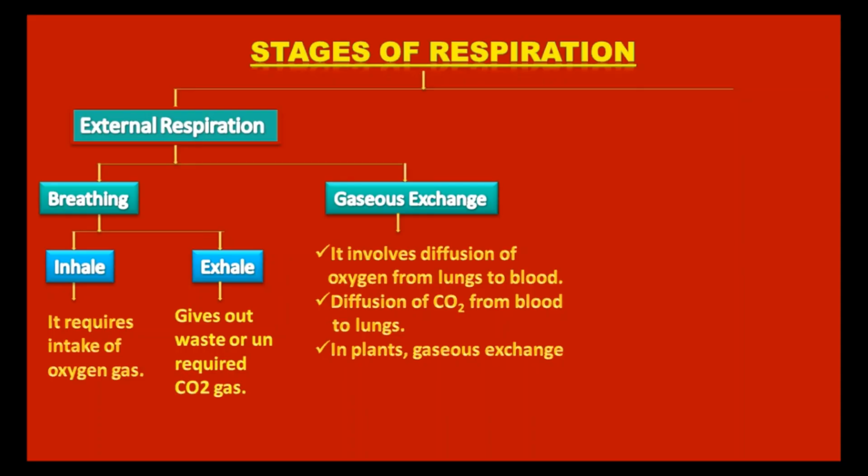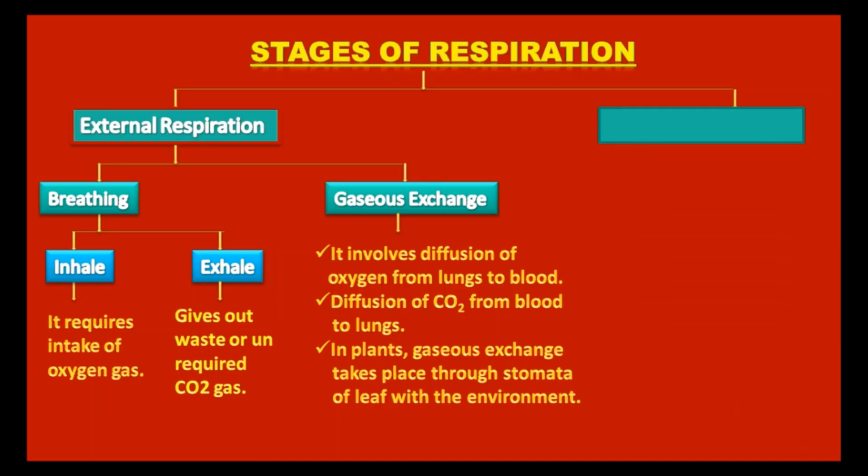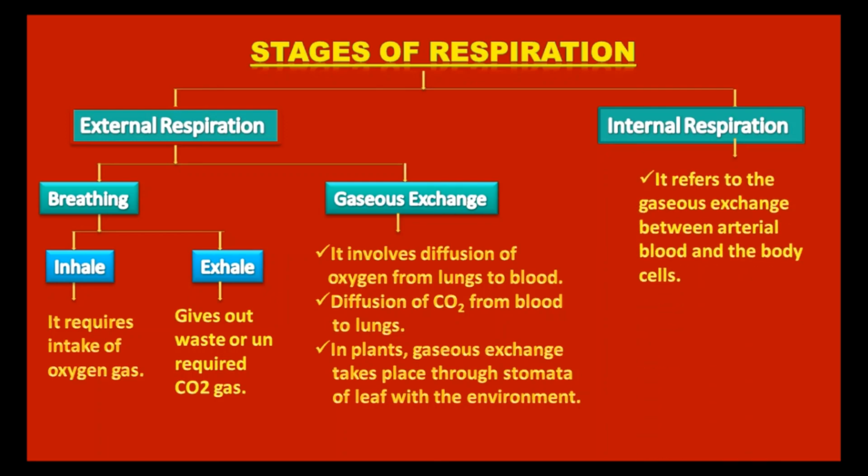In plants, gaseous exchange takes place through stomata of the leaf with the environment. The second stage is internal respiration. Internal respiration refers to the gaseous exchange between arterial blood and the body cells.